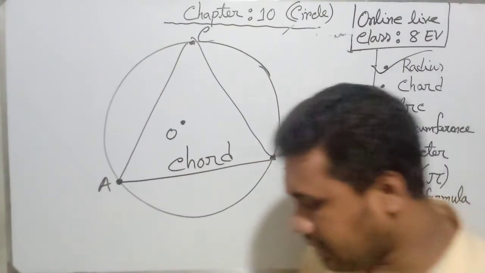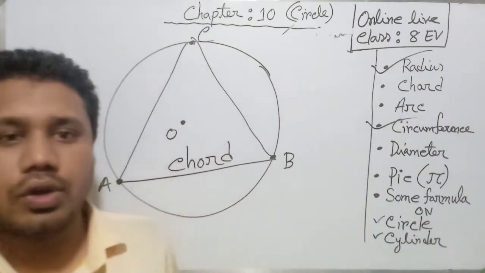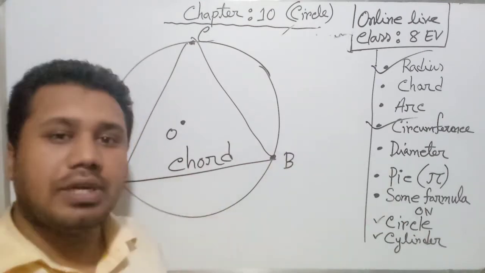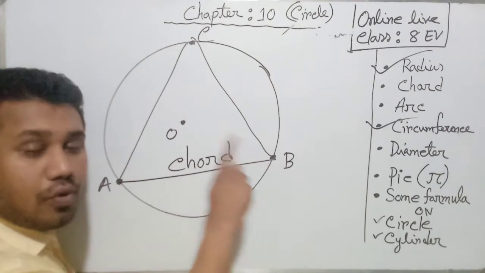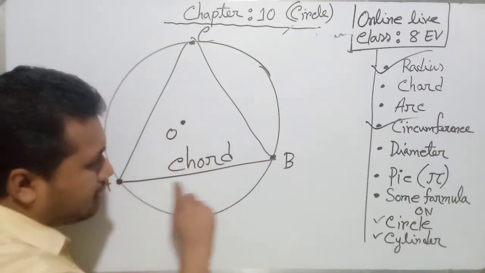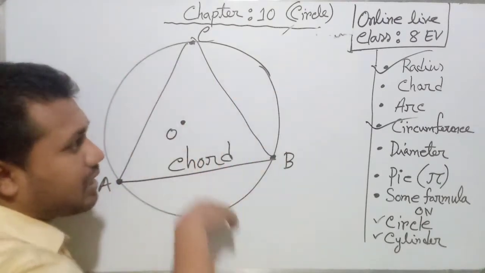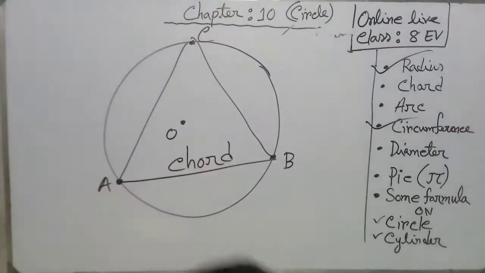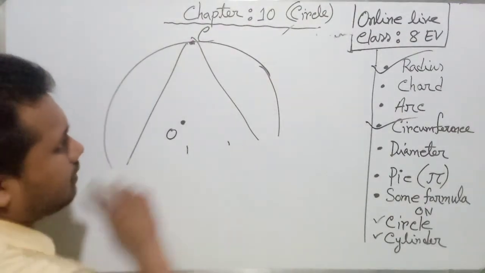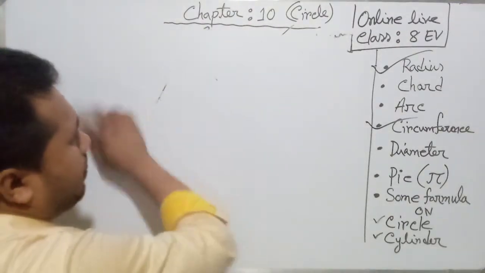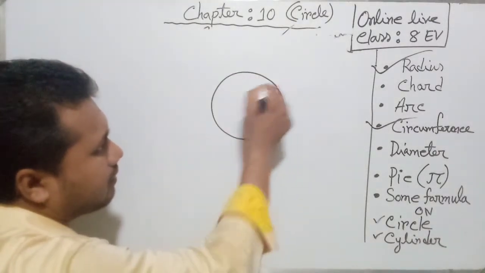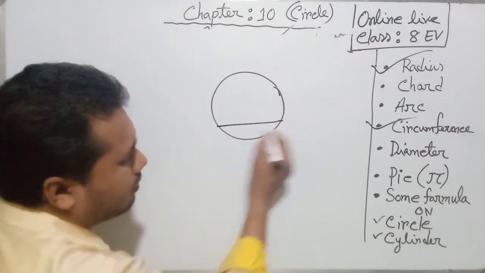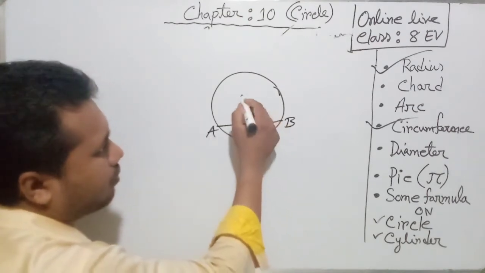Now dear students, for a chord, the circle will be divided into 2 parts. Suppose this is your circle, this is your chord AB, and this is your center.